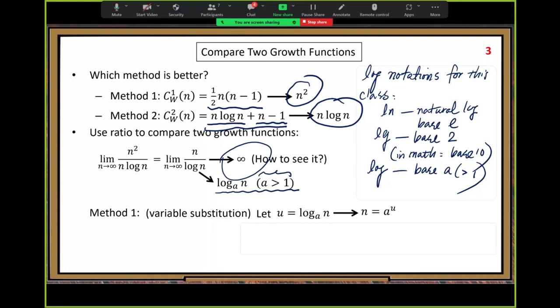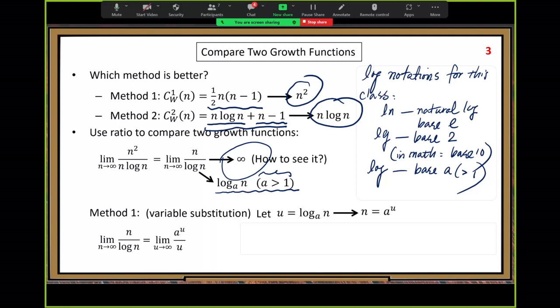So with this new variable u, we can write the limit of the ratio of the two functions, n over log n, as a to the u over u. You can see it is the same limit in different forms. In the second form, the log function is gone.